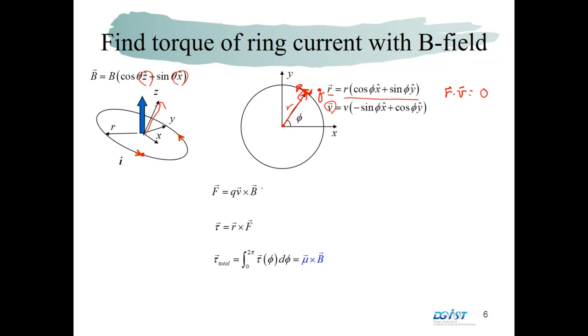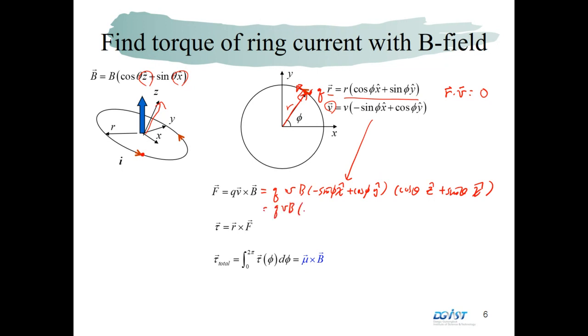You can easily calculate this equation by multiplying v and B. This is a simple vector algebra.